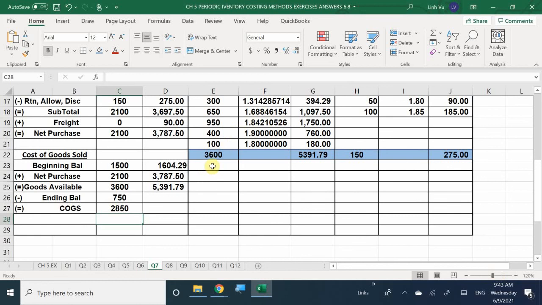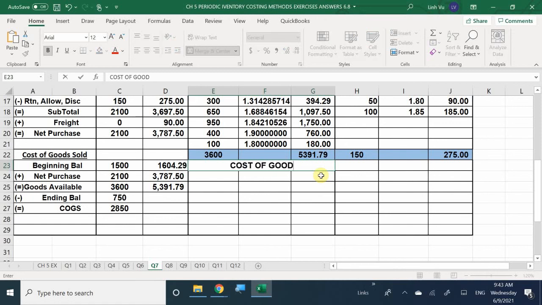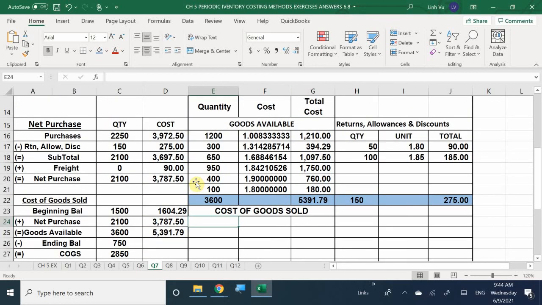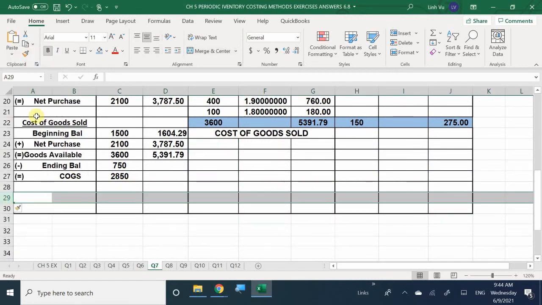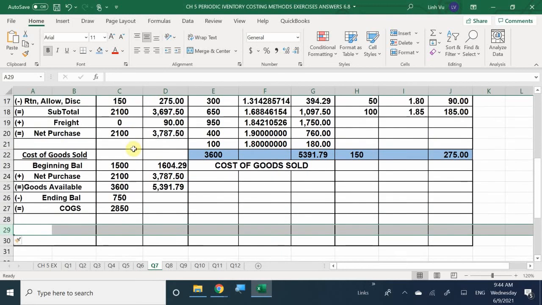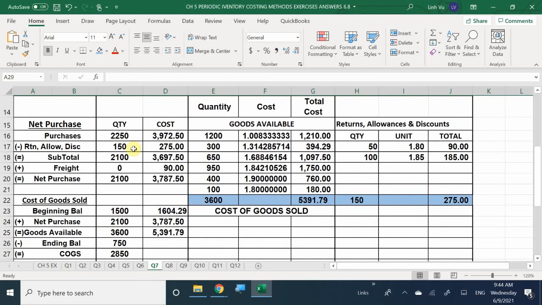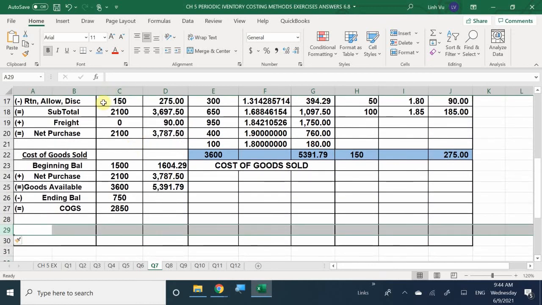So I'm going to create another small table for my cost of goods sold, because now we are going to be calculating it. I think I need to add an extra line here. Okay, so there we go.